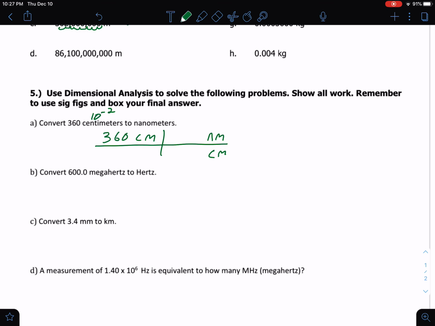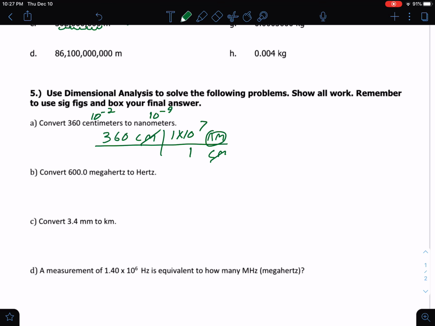If you set your biggest one as 1, and then count how many spots it takes to get from negative 2 to negative 9, that would be 7. So this is going to be 1 times 10 to the 7th power. The centimeters cancel out, I'm in nanometers, which is what it wanted, and so now I'm done.